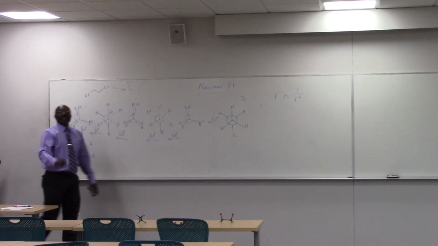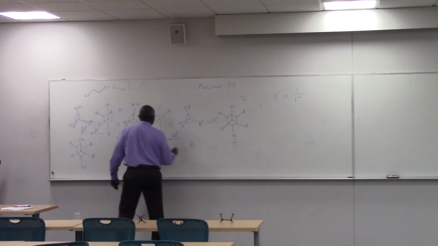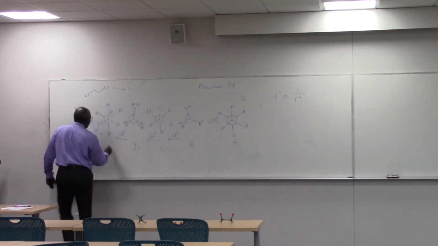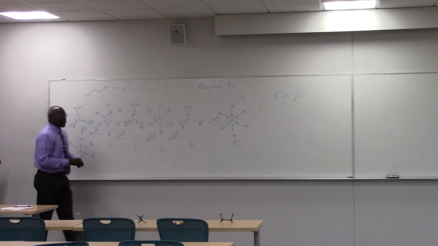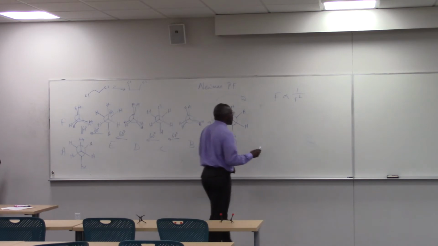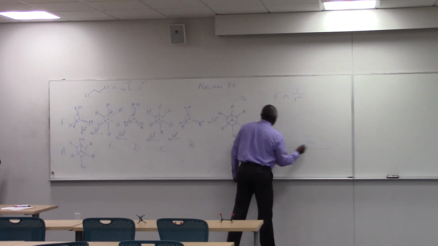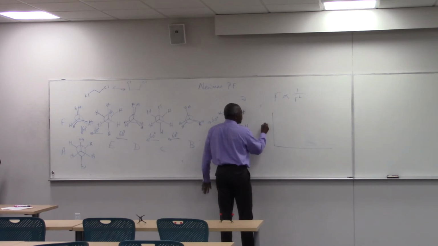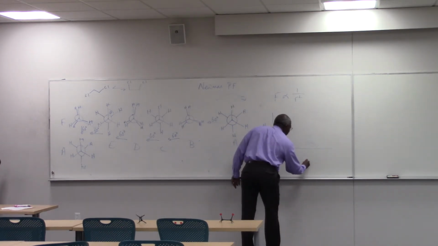Okay? Let's label the conformers as A, B, C, D, E, F, and A. And what I want to do is to plot a graph of the relative energies. So I'm going to have a graph of energy, let's call it enthalpy, against theta.